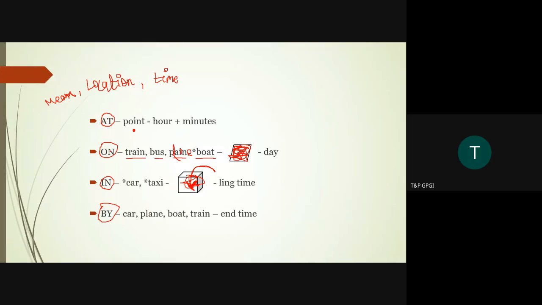It's a big thing. 24 things are there, covering a day. So it's kind of got a surface to it. So you can say on Christmas day, on my birthday, on teacher's day. So that's how you use the on preposition for day. If you have a word that has a day in it, you can use on.